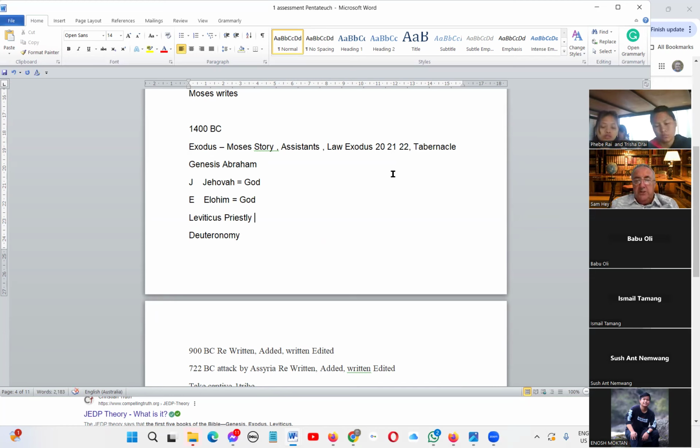Others have written more priestly material, and so that is P, and others have written more legalistic material, and that is D. So it's possible to try and identify the J material, the E material, the P material, and the D material.